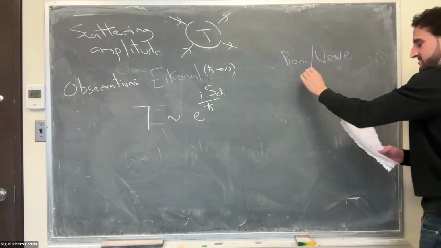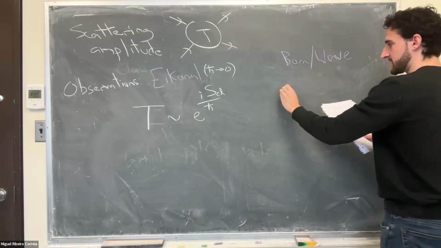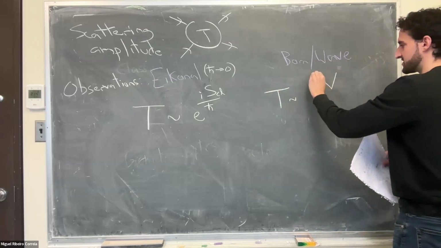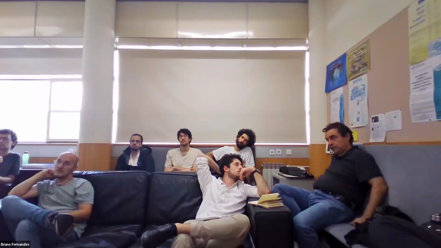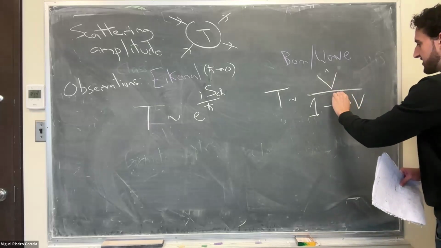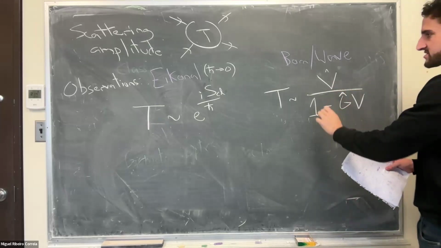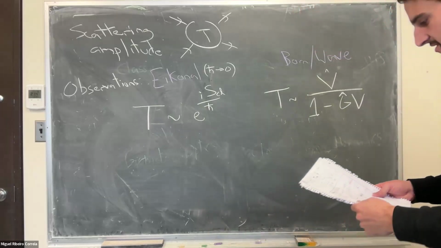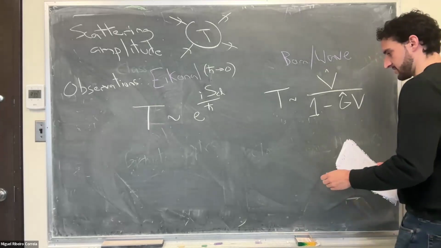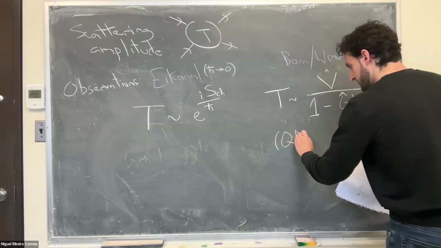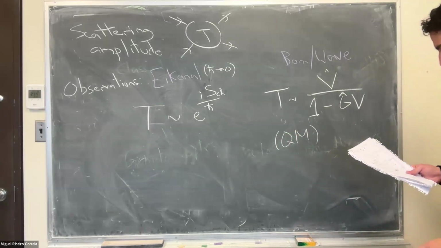And the reason why we call it Born is because in this case, the amplitude takes the form of a geometric series. You should see there's some kind of operator, some kind of convolution, there's a Green's function, and this goes to a Born series, a geometric series that you are familiar with from quantum mechanics.